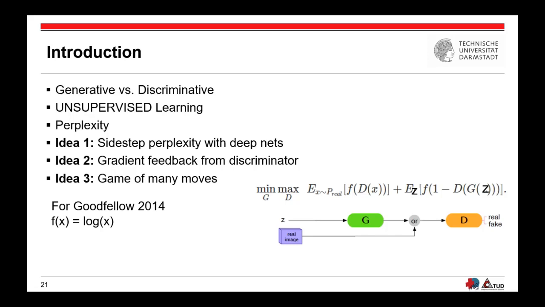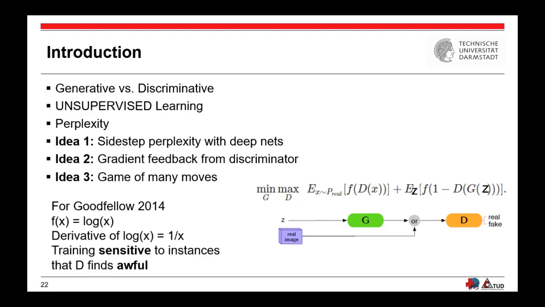He chose f(x) equals log x, a simple log, because the derivative of log is 1 over x. What that essentially translates to is that the whole training is really, really sensitive to instances which D finds awful. So as long as you are doing okay-ish in synthetic, the discriminator doesn't complain.